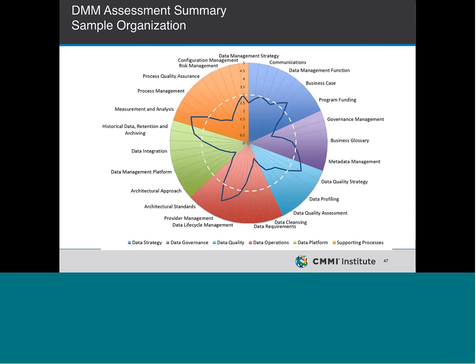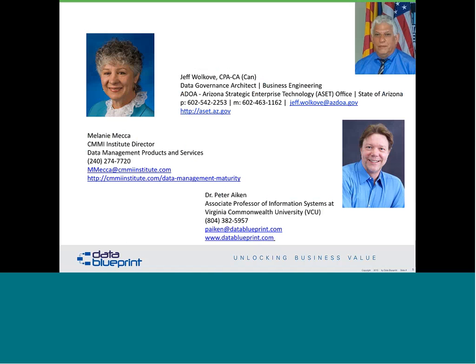Now, what you get from the DMM is a lot more detailed than this. This is a high-level summary of what goes on. Obviously, there are specific recommendations that come out of the assessment on an organization-by-organization basis. One of the exercises we did in training was we had 20 people from 11 different agencies talking about what they would address first in a data management strategy.